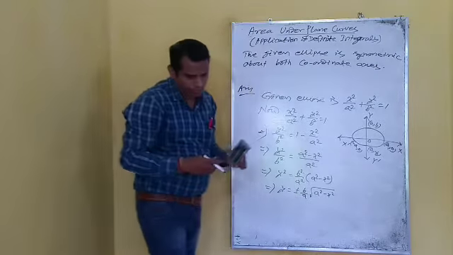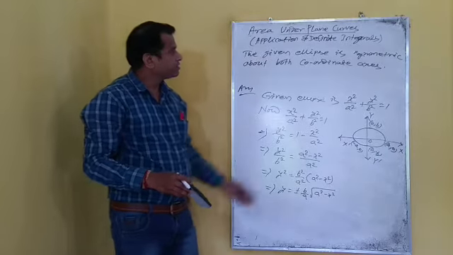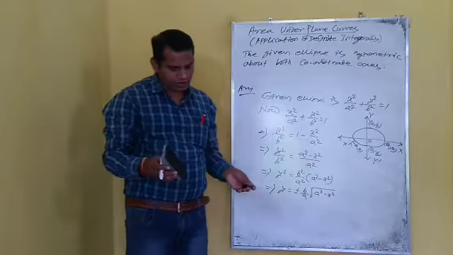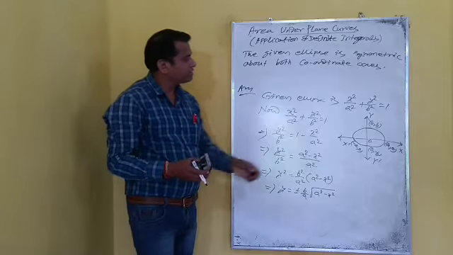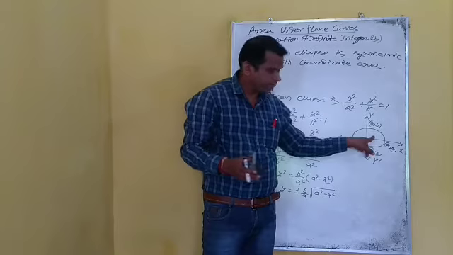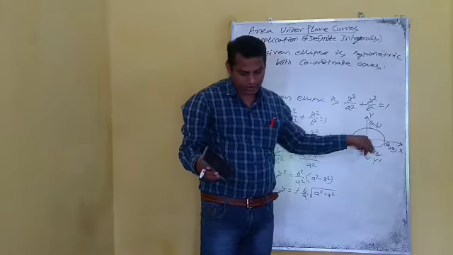So hence the area of the ellipse is 4 times the portion that lies in the first quadrant.